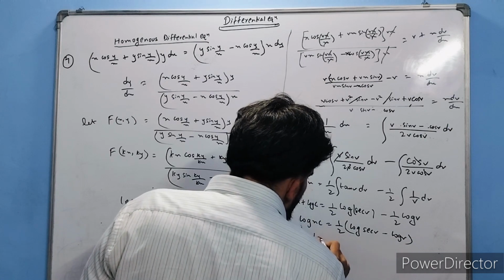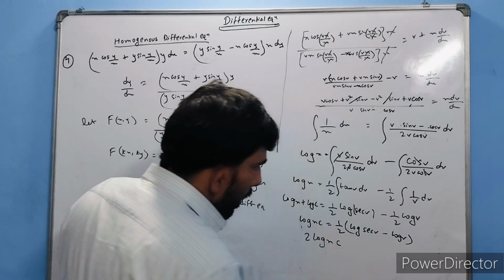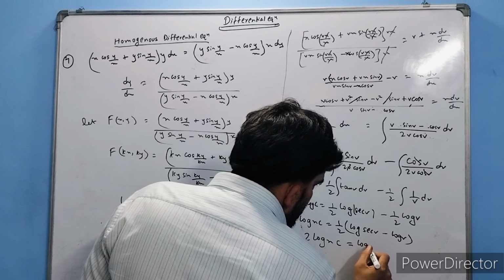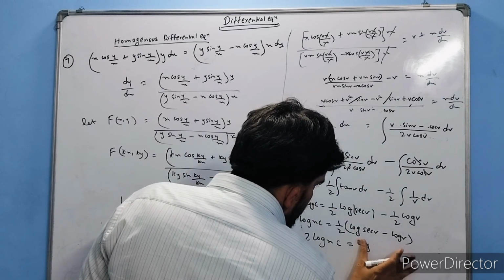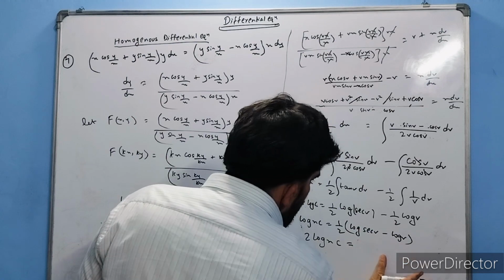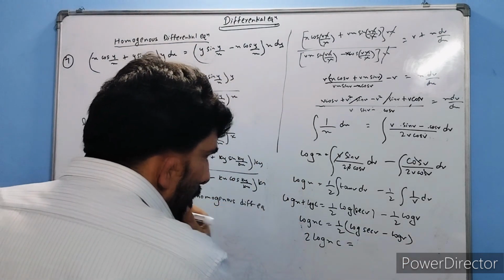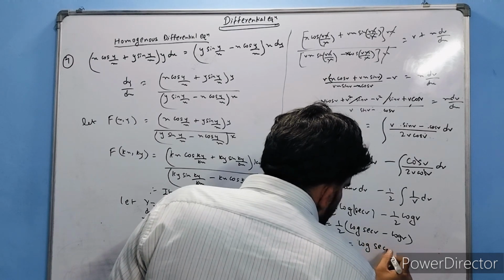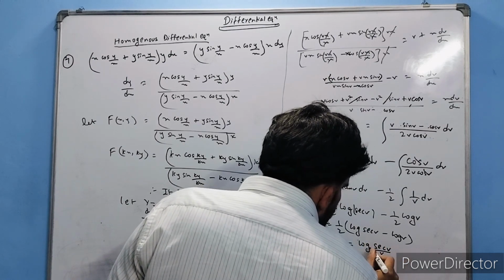So 2 log of xc, sec is 1 upon cos, so first we will try log of sec v upon v.